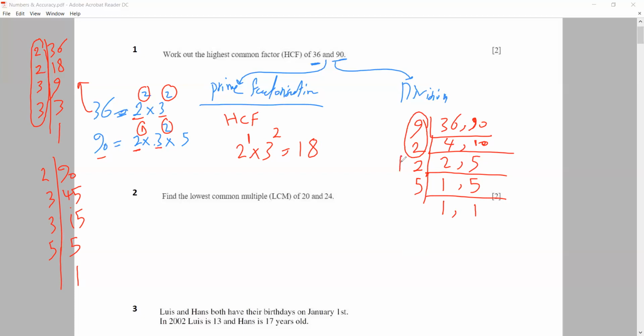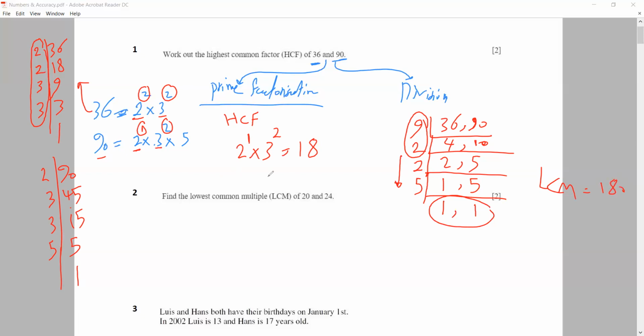So if you continue all the way down to the point that you get 1 and 1, that gives you the LCM. The LCM of these two numbers is 2 times 9 times 2 times 5, which is 180.